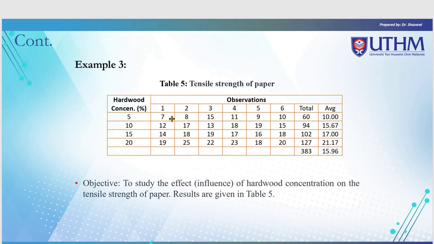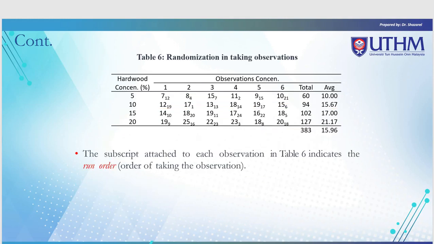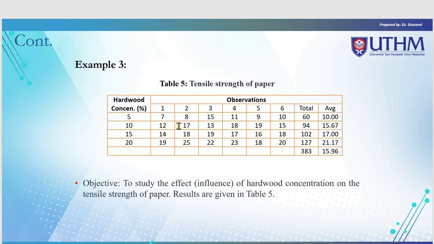For example, 7 here is the first observation, second observation, third observation. So we are not doing it that way. Instead, we put it in random order. We can generate random numbers by using Excel, for example. Then we test according to the different levels from the randomized numbers.